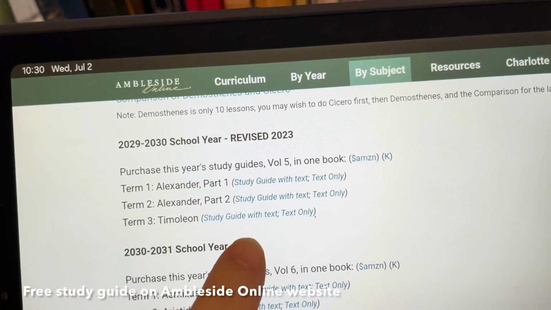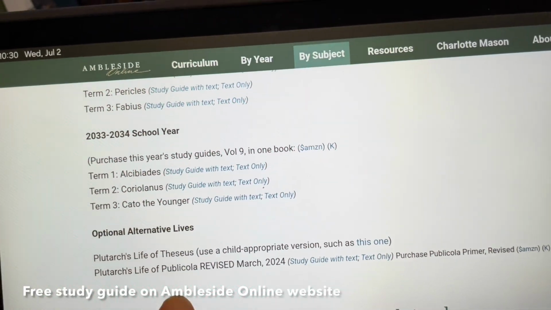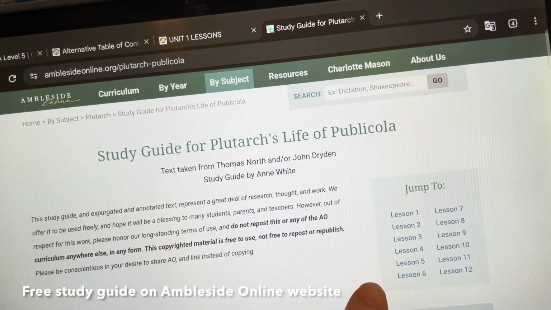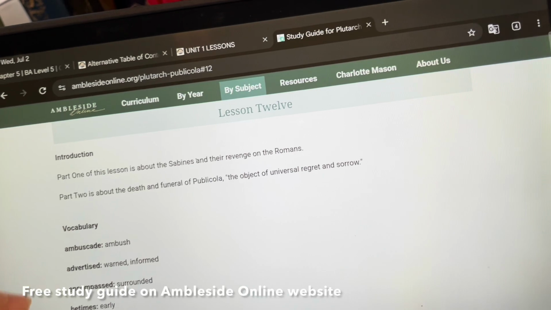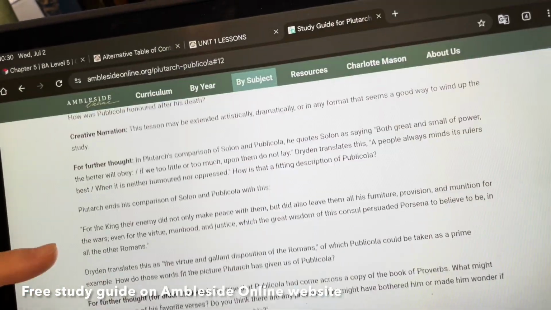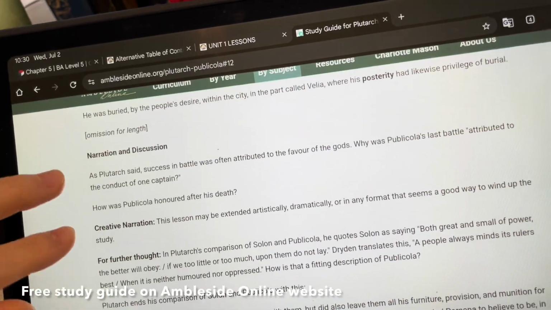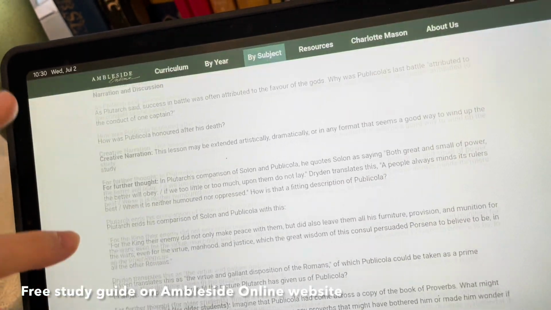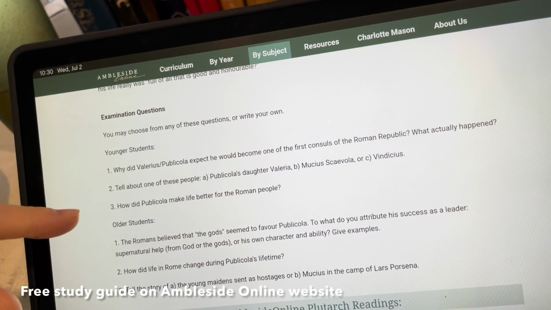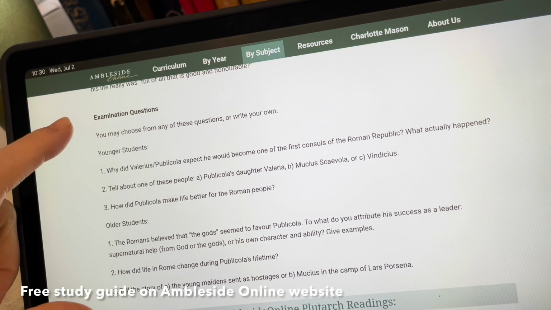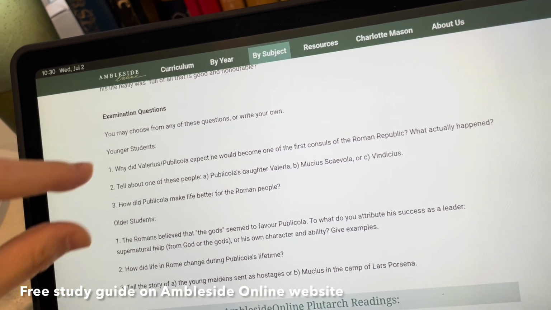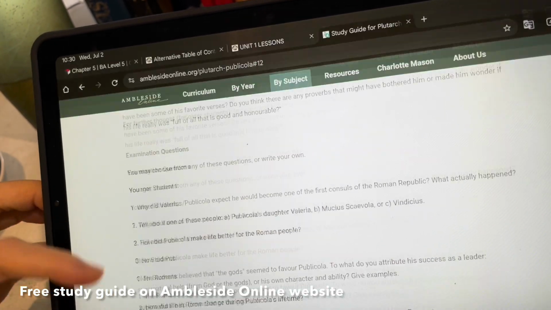You can always choose the study guide with text, but if you're just starting, Publicola is at the end, and you can just jump to the lessons. And at the end, after lesson 12, there are further thoughts and discussion, and creative narration for lesson 12. That's similar to previous lessons, but at the end there are some exam questions too for the whole Publicola, the whole life you are reading. You may write your own for younger students or older students. So we love this study guide.